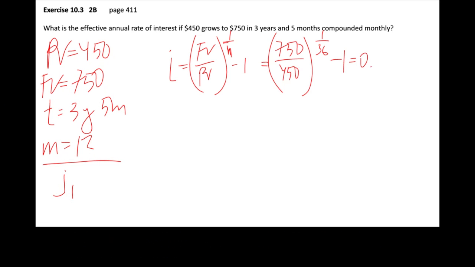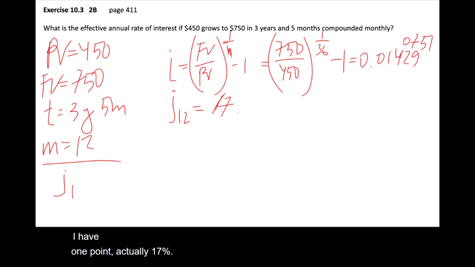I have 0.01429, 0751. So J12, I have 1 point, actually 17%, 171489.